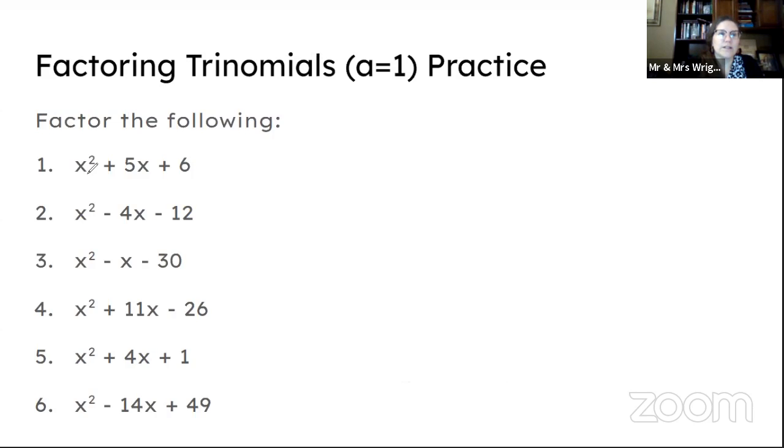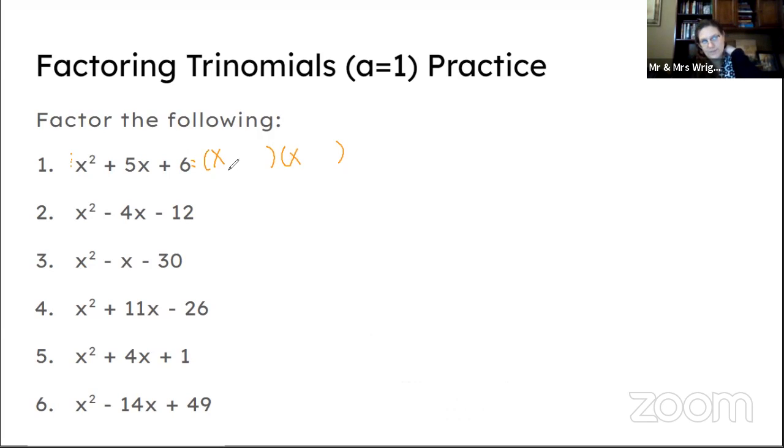We've got x squared plus 5x plus 6. Let's go ahead and get our factors ready. We know that when we have a trinomial with the leading coefficient, or the a of 1, that we're going to have our two factors be leading terms of x. Okay, now my plus sign here tells me that these are going to have the same sign, right?